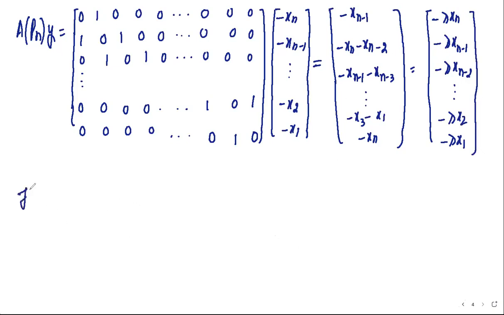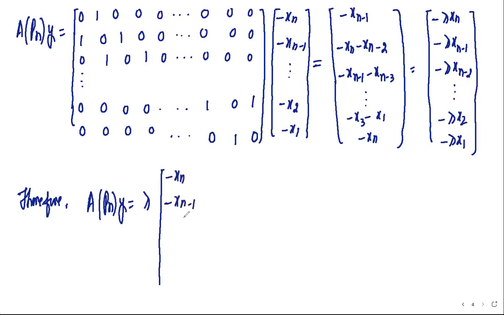Therefore what we obtain is Pn into y. Here we can take this lambda common. So this is lambda times: the first is minus xn, then minus xn minus 1, and so on, minus x2, minus x1.